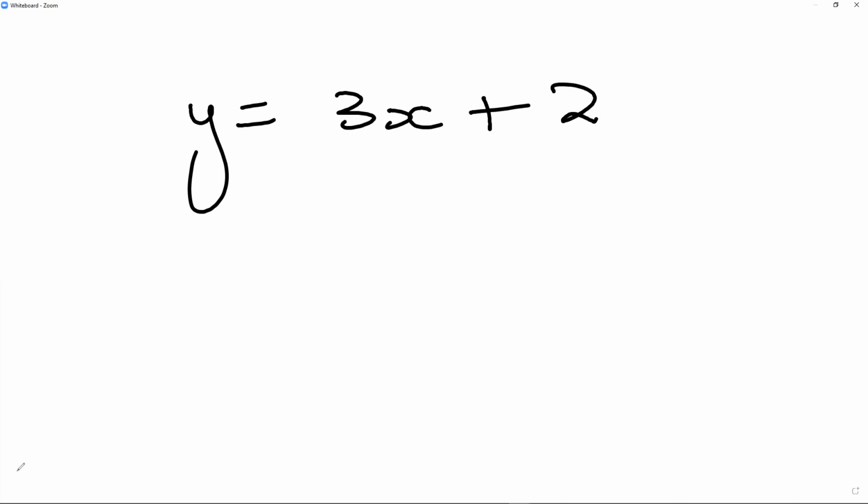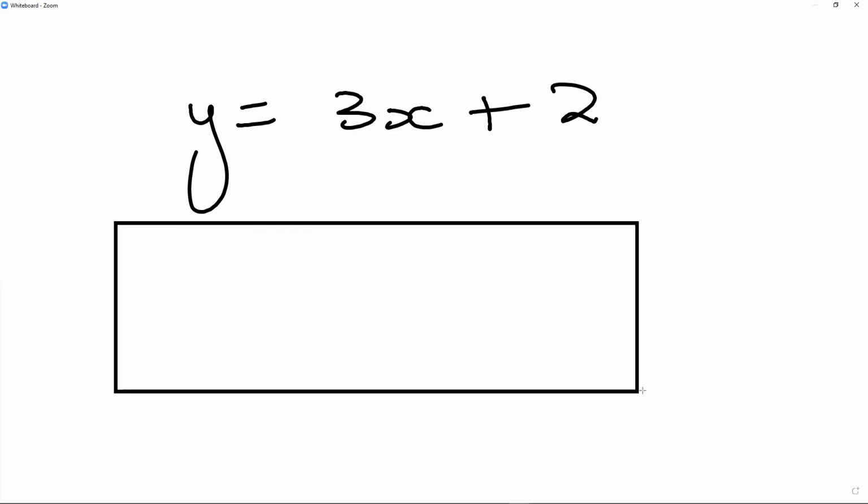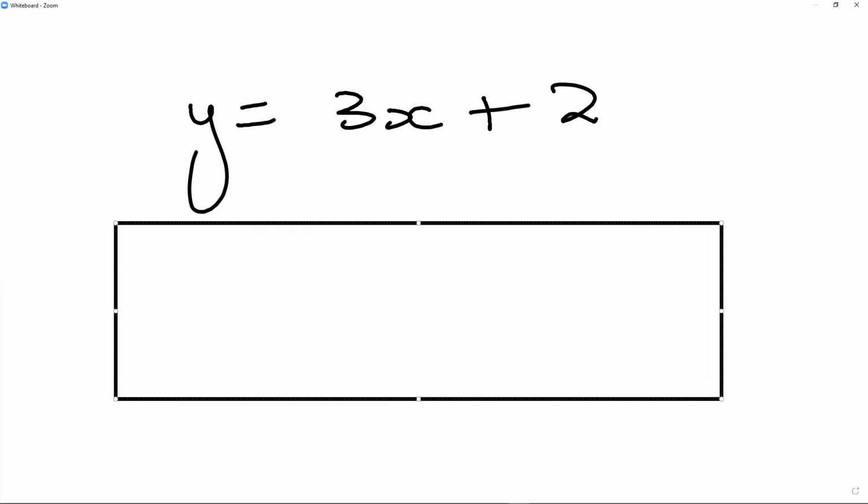Y is equal to 3x plus 2. I want to develop a table of values of x and y values for this, and provide some kind of x values and some kind of y values.